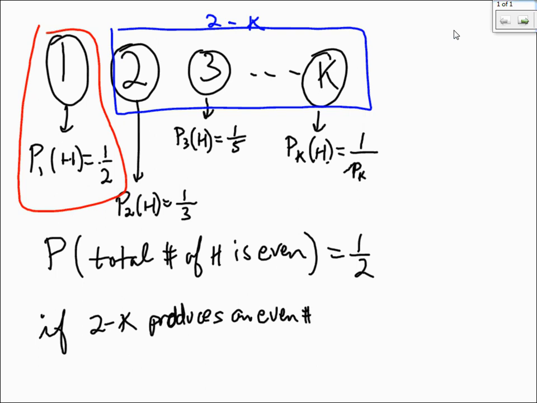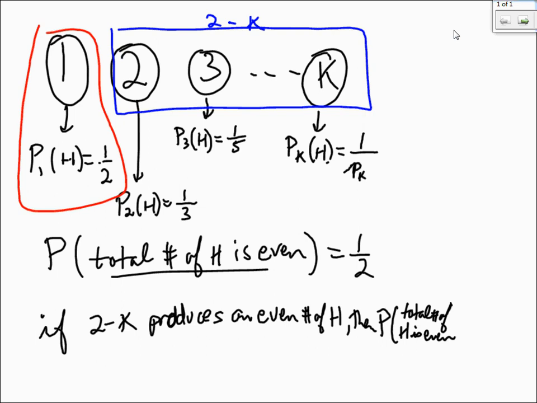then the probability that the total number of heads is even is going to require that we get a tail.